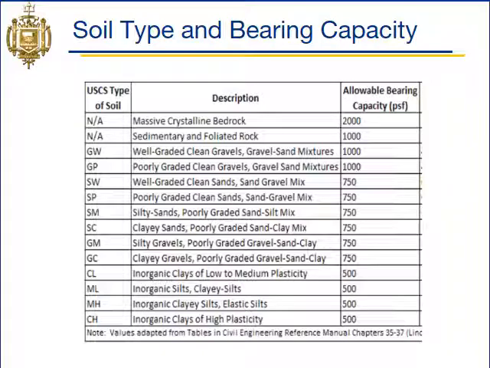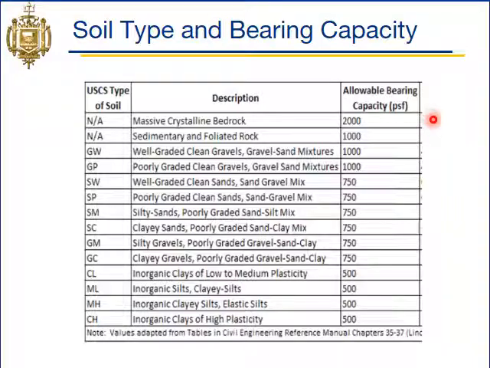This table here shows the general relationship between USCS soil type, which we completed in the last lecture, so you should be able to analyze and classify soil, and its allowable bearing capacity. That's one of the important pieces of classifying your soil, it tells you essentially what the bearing capacity of that soil is.